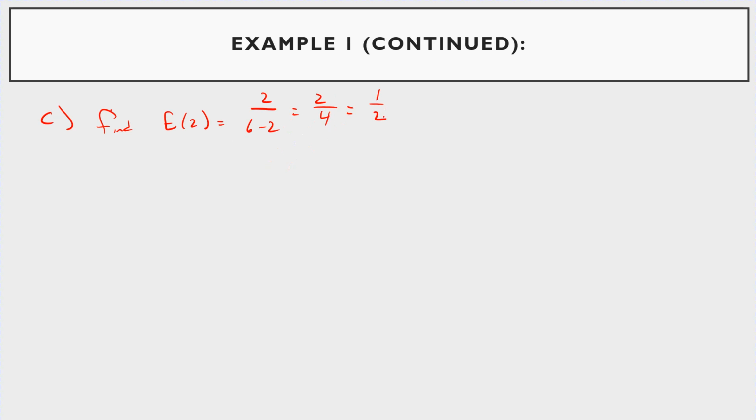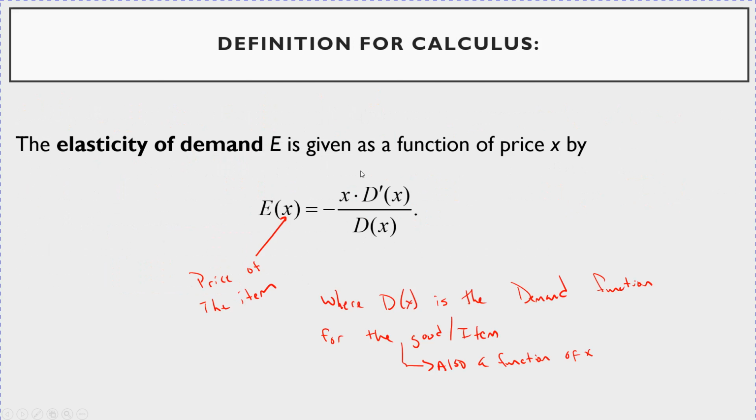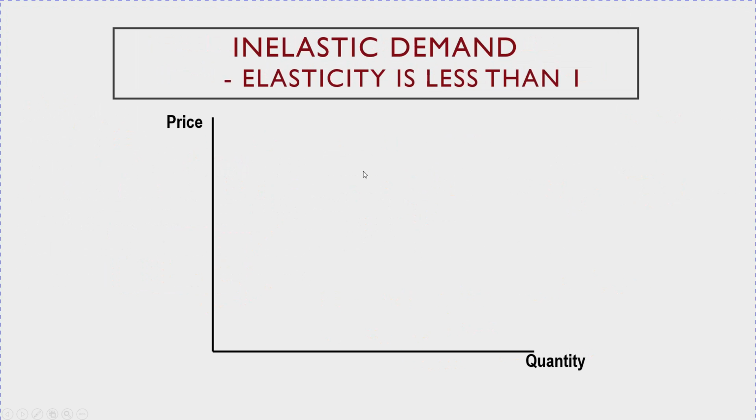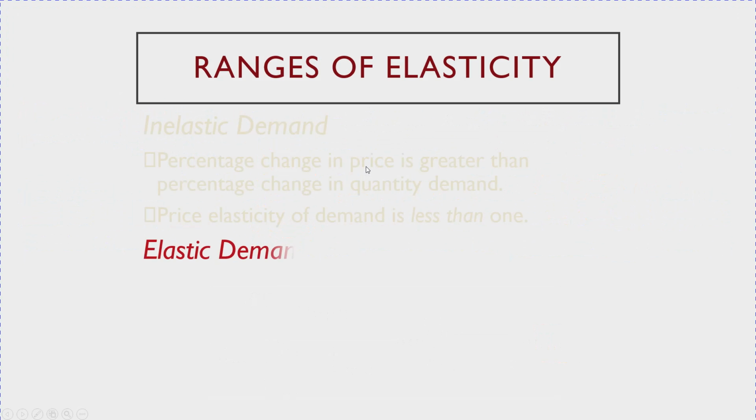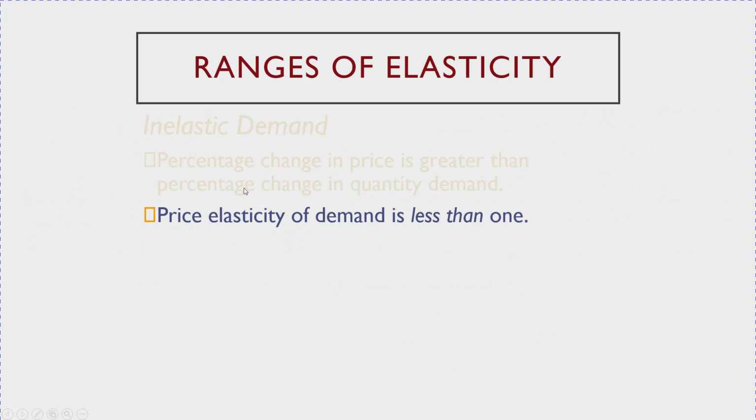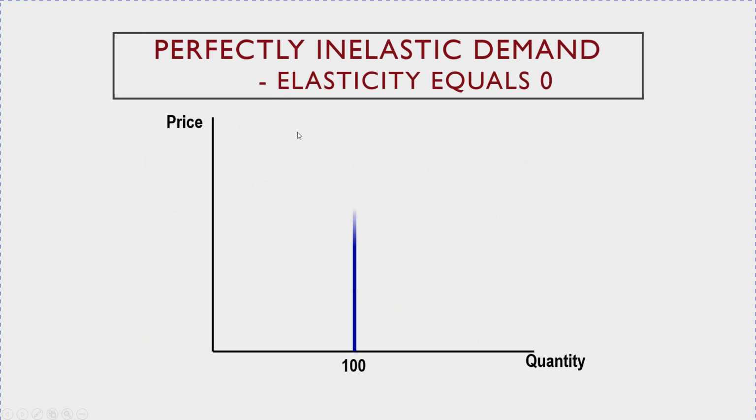So this ends up being 1/2. What this means is elasticity is 1/2, so it's less than 1. When you look back, what does that mean? That means the price elasticity of demand is less than 1. It's inelastic. So we have inelastic demand at this value.